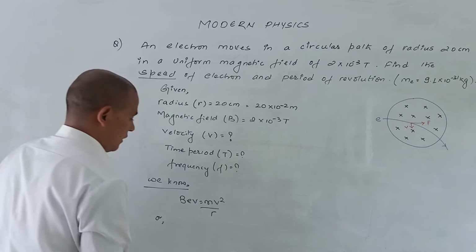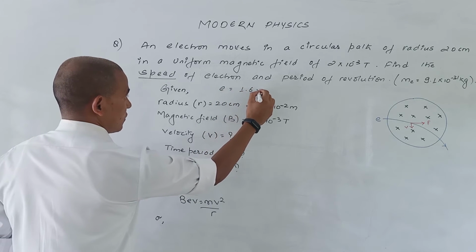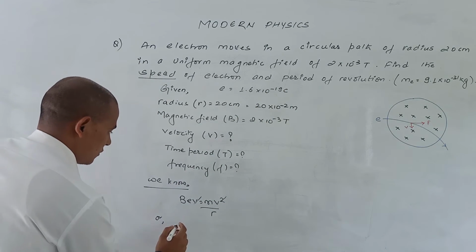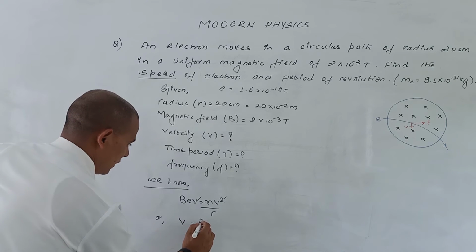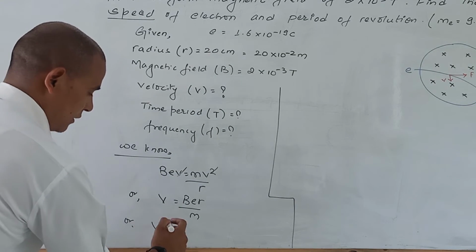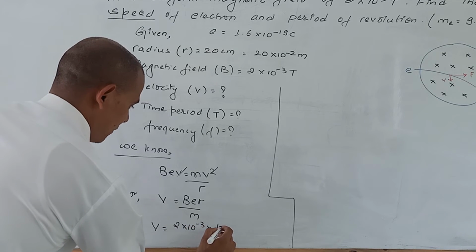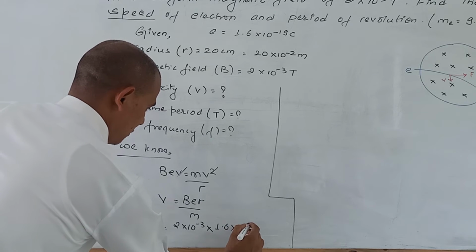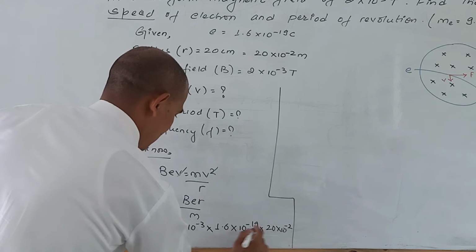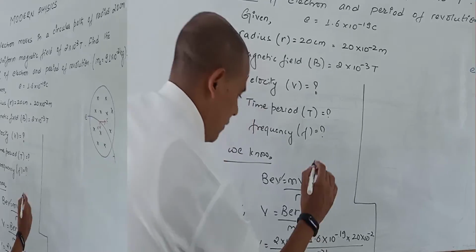The charge of an electron is 1.6 × 10^-19 coulomb. Velocity gets cancelled, so V = Ber/m. Replacing the values: 2 × 10^-3 times 1.6 × 10^-19 times 20 × 10^-2, divided by the mass of an electron, 9.1 × 10^-31 kg.